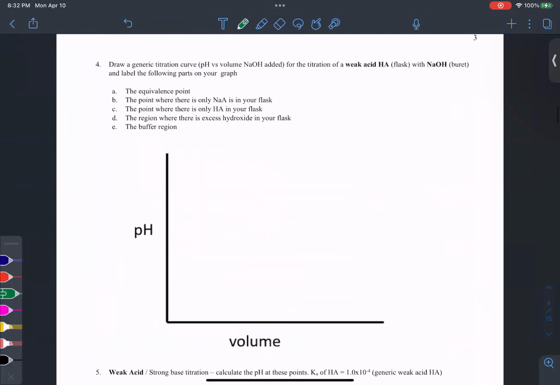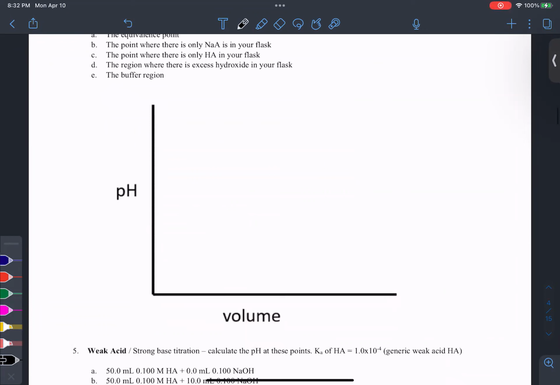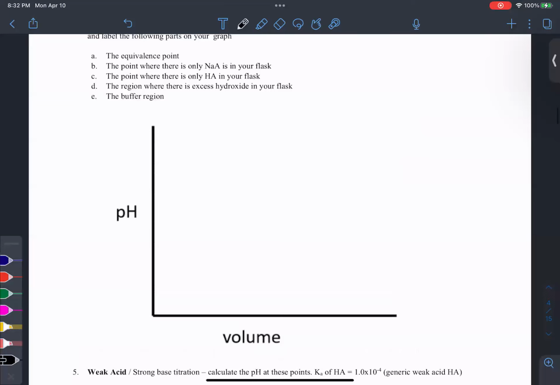Let's draw a generic titration curve of a weak acid with sodium hydroxide. What does that look like? It's going to look very similar to the previous one, except now you actually have to draw a buffer region. How I know the difference between a strong acid, strong base titration and a weak acid, strong base titration is the very beginning of the titration curve.